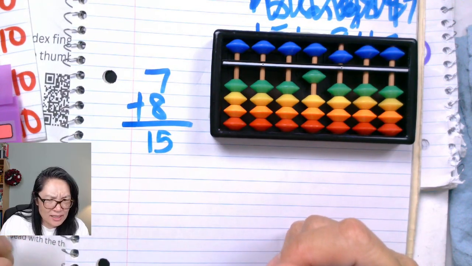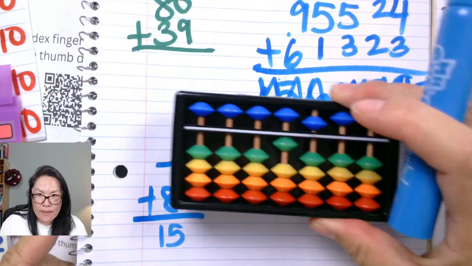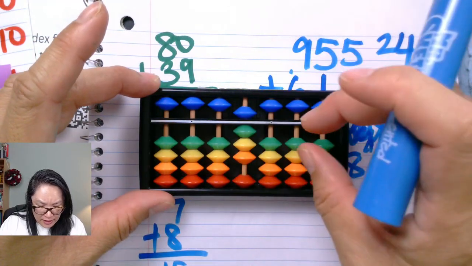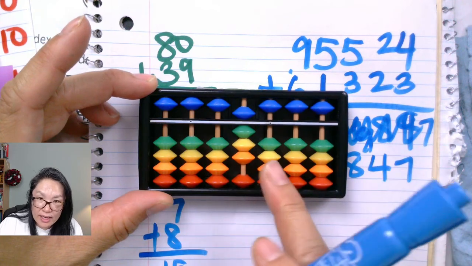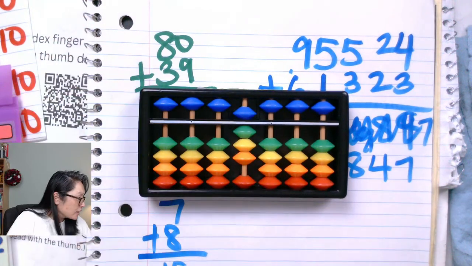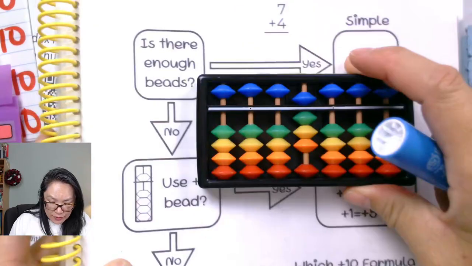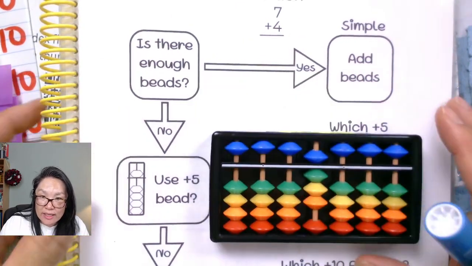Jeremiah, I think, asked about that question. So the next question was this one: 80, and then plus 39. Plus 30 plus 9. So the question is, can I add a 3 to this column right here? No, I can't, so I've got to go down here.